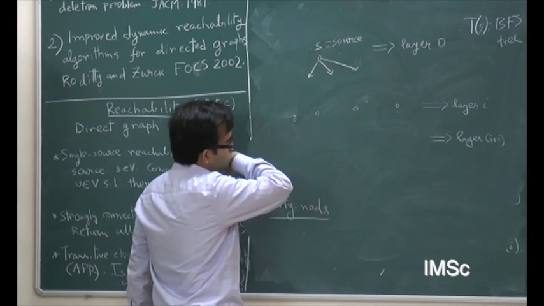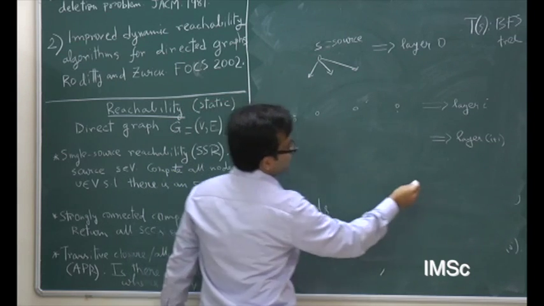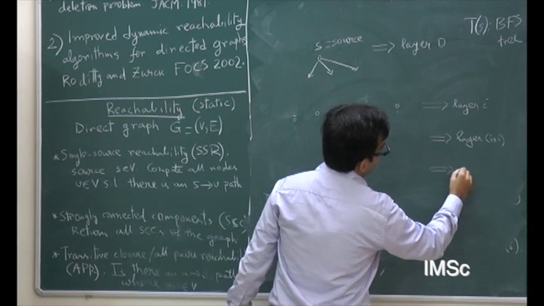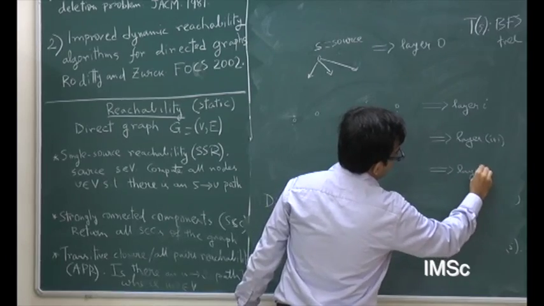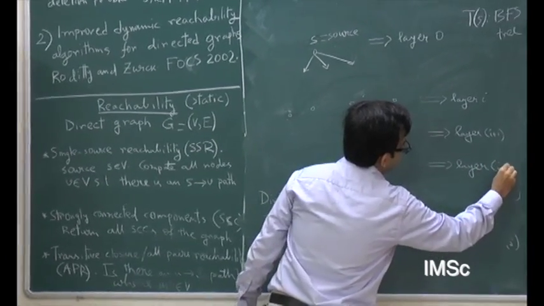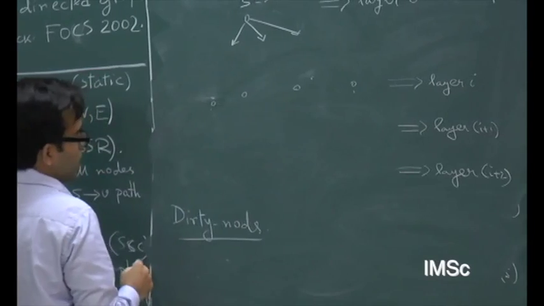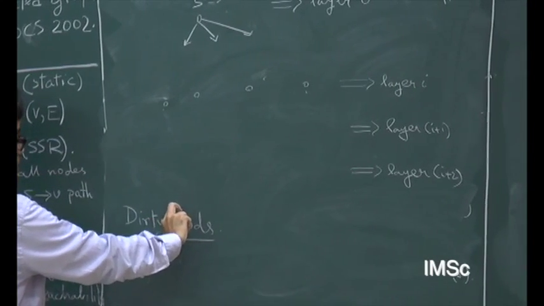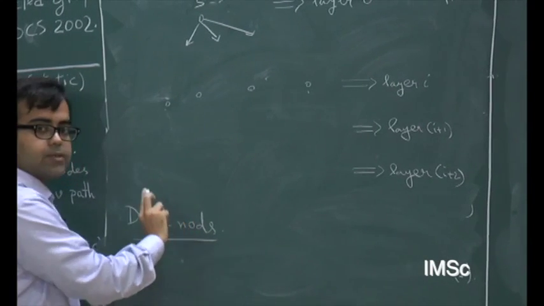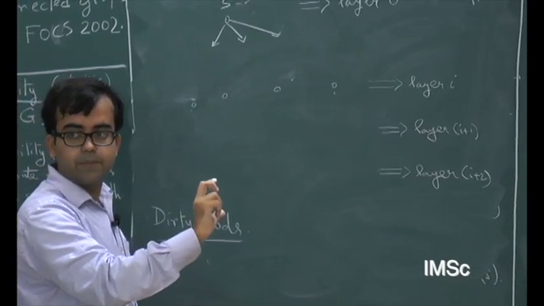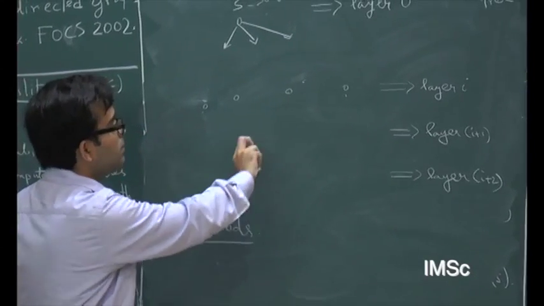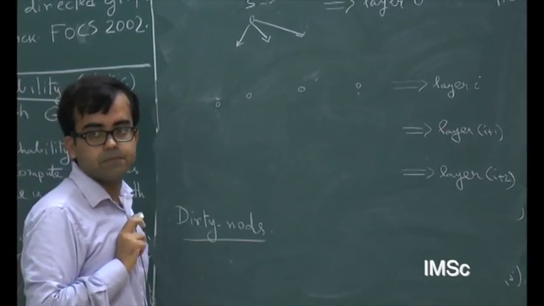This is layer I plus 1 and layer I plus 2. And now the dirty nodes at any given point in time will belong to at most 2 consecutive layers.